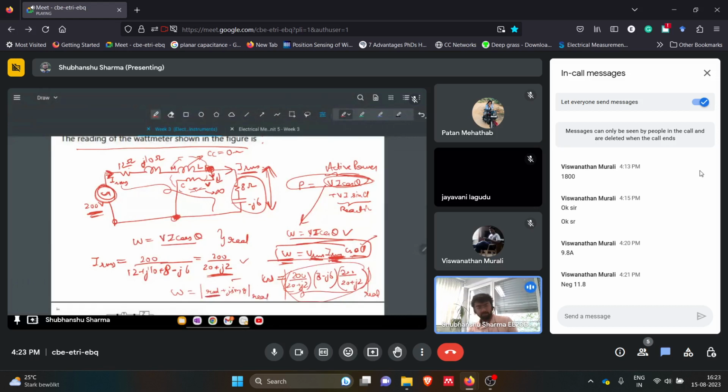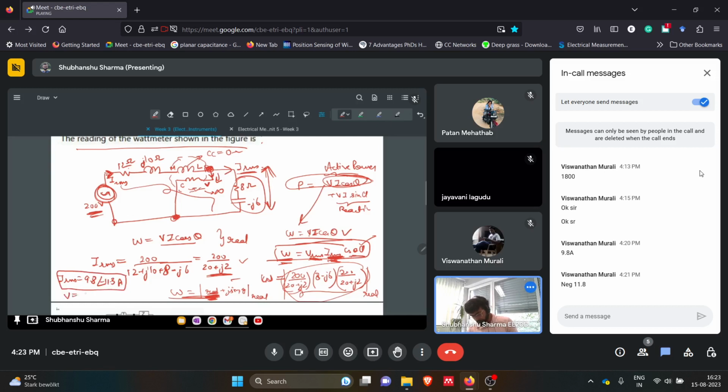You will have to focus on the real part, that is the wattmeter reading. So for your convenience, I'll just write the answers if the concept is fine. Irms in phasor form, I'm writing 9.8 angle minus 11.3 amperes. One answer.